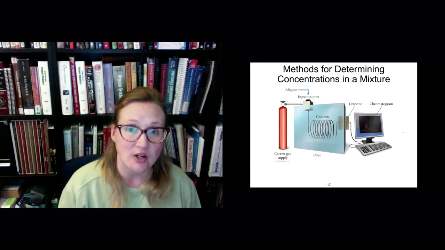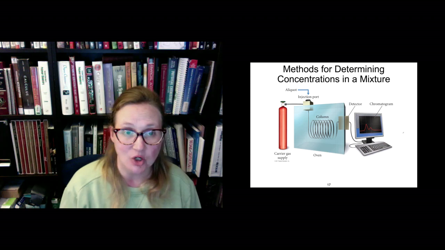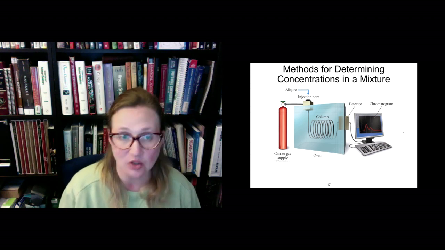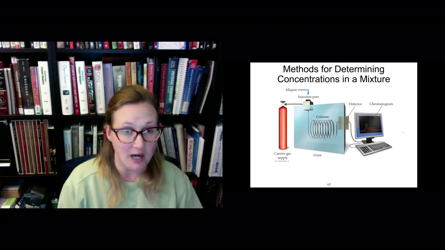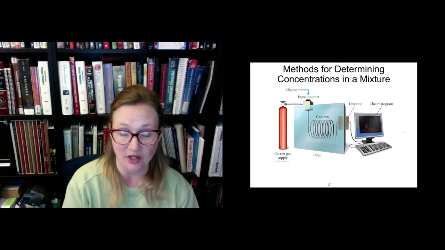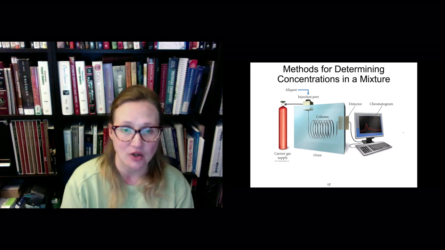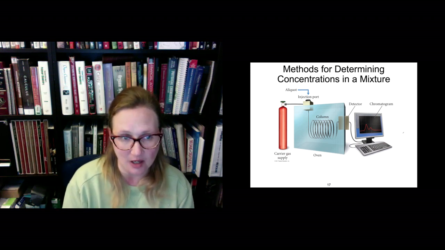All right, so here's an example of gas chromatography. So this would be if we take aliquots of our mixture. So we would take our aliquot of our mixture. So imagine you have a reaction going in the hood. You're going to take a little bit of that and you're going to put it into the gas chromatograph.